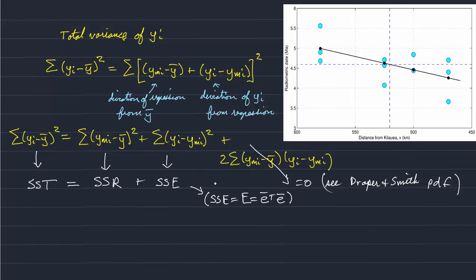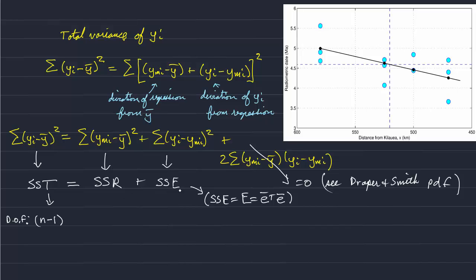And let's look at our degrees of freedom for each of these variances, or each of these terms. So the total number of degrees of freedom is n minus 1, right? This depends on n values of y minus 1 estimate for the mean value of y.